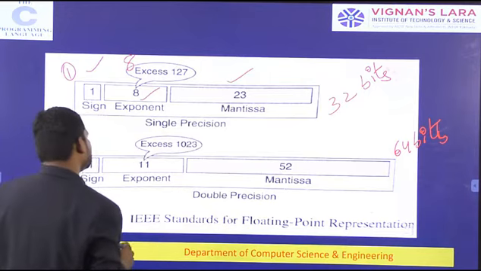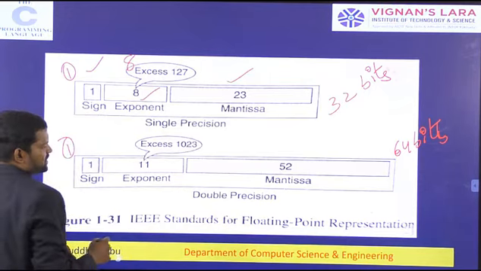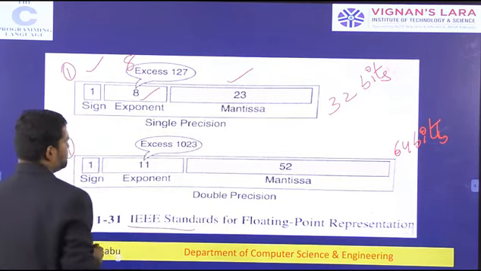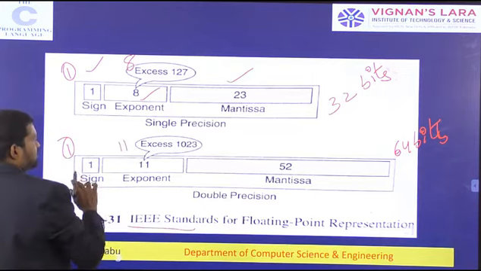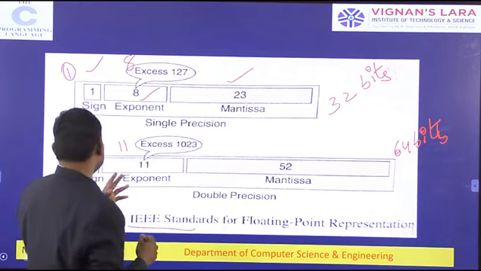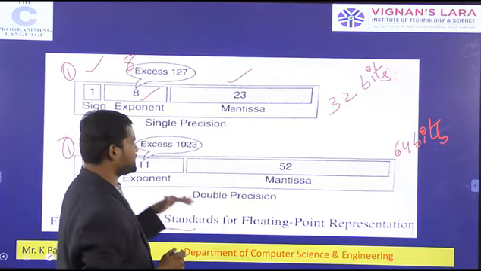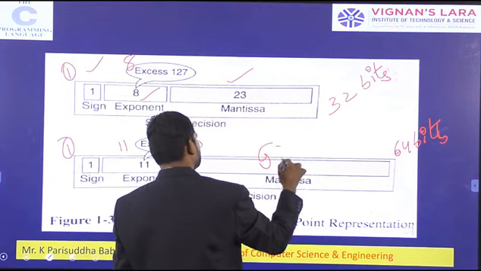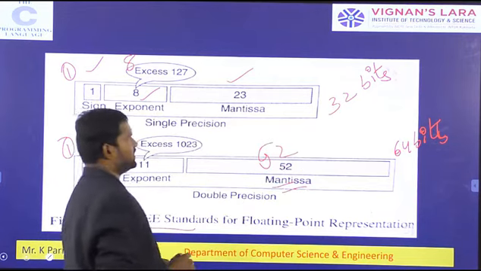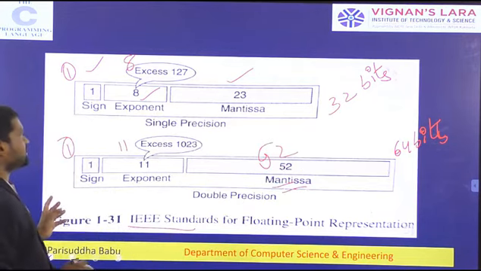In the IEEE standard floating point representation for double precision, the exponent contains 11 bits. 1 plus 11, 12 bits, plus 52, 64 bits. The 52 bits represent the mantissa.